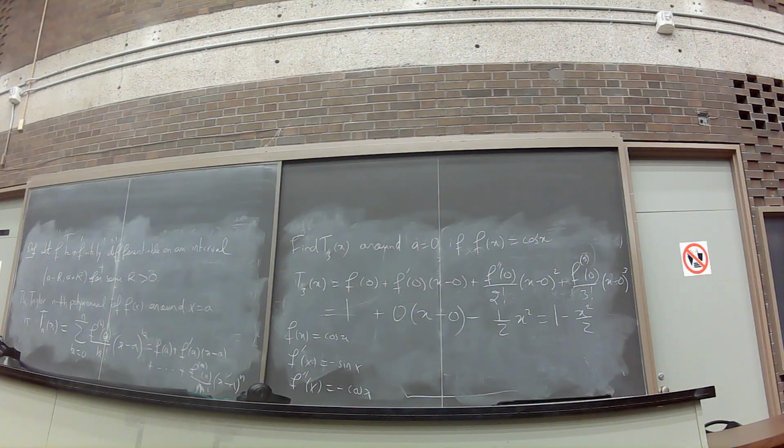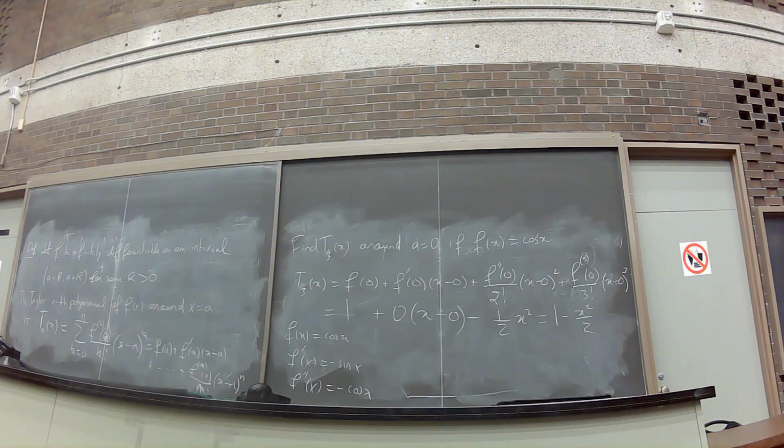Now here, what does the tangent line approximation give me? If I were to stop at the tangent line, what would it give me? Stop at degree 1, what would it give you? It would give you 1. Is that a good approximation? I'm saying if x is close to 0, then cos x is close to 1.